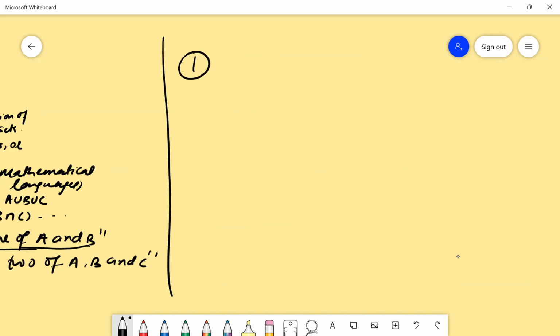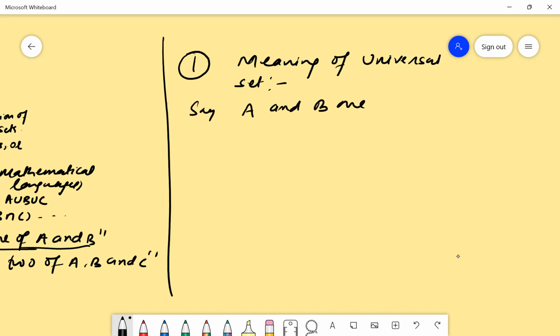The first one, what is the meaning of universal set? Say A and B are two sets in a discussion.